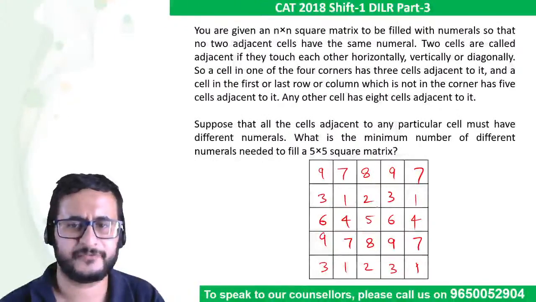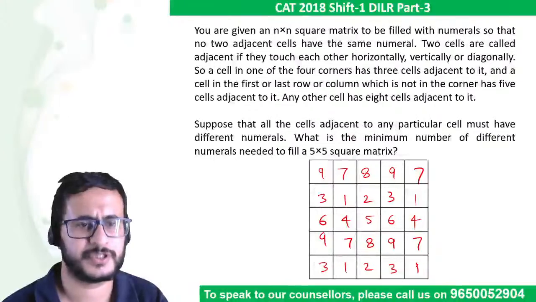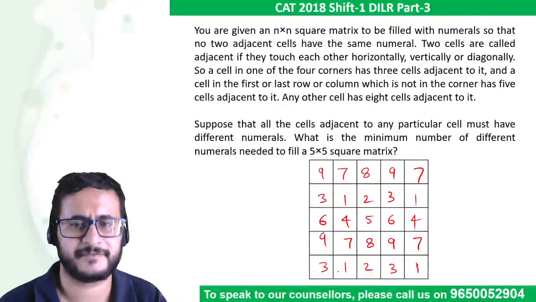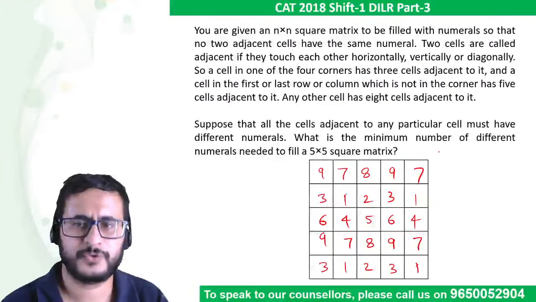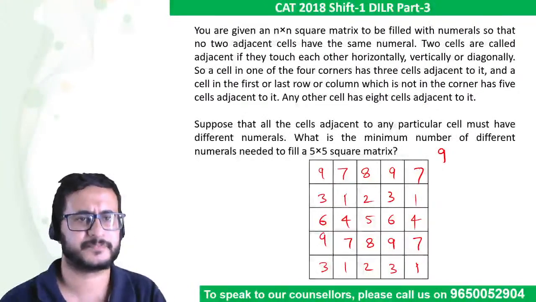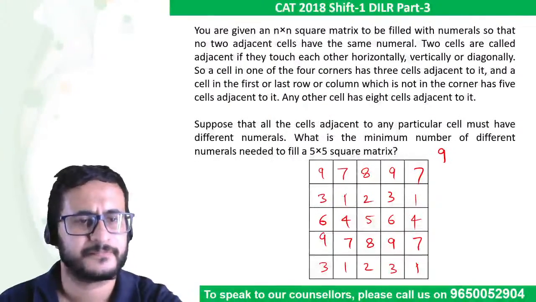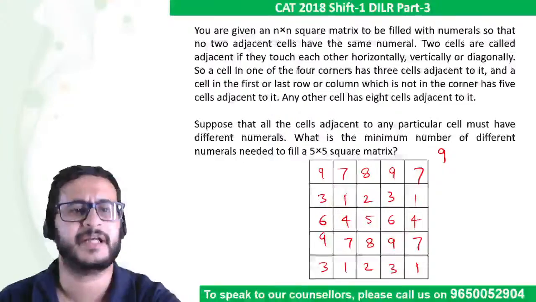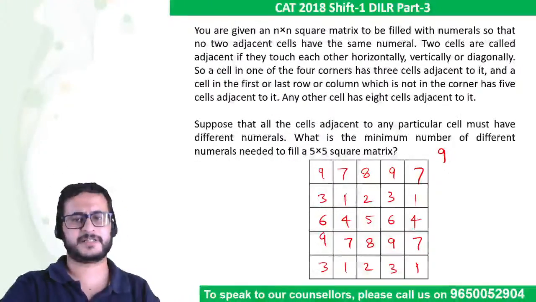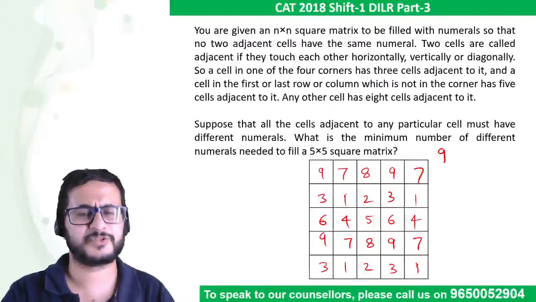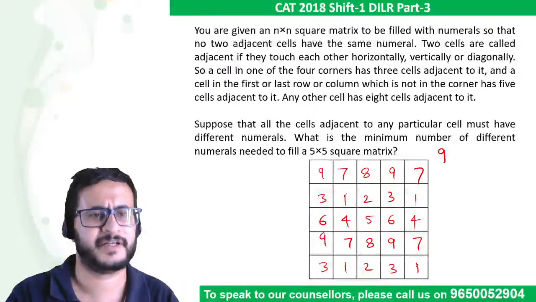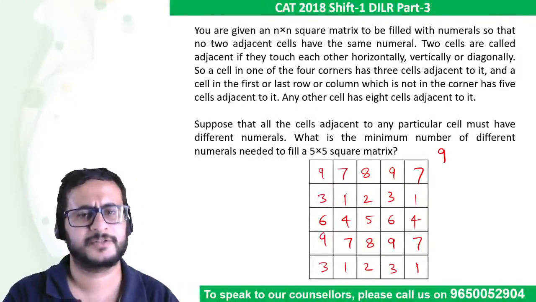So if you see any of the squares, you have 9 different digits. Okay, all adjacent are different. So you need 9 such digits. If you use 9 digits, you can fill this one. Alright, so you need 9 digits to fill this matrix. It was a nice question, somewhat very different from others.